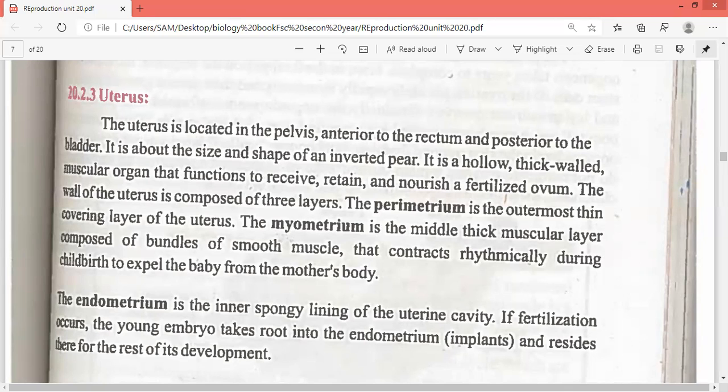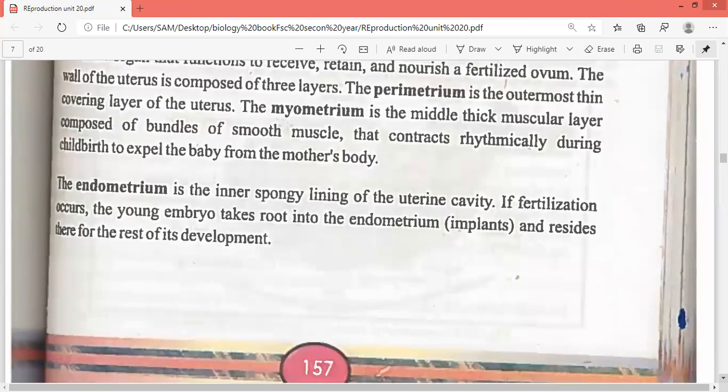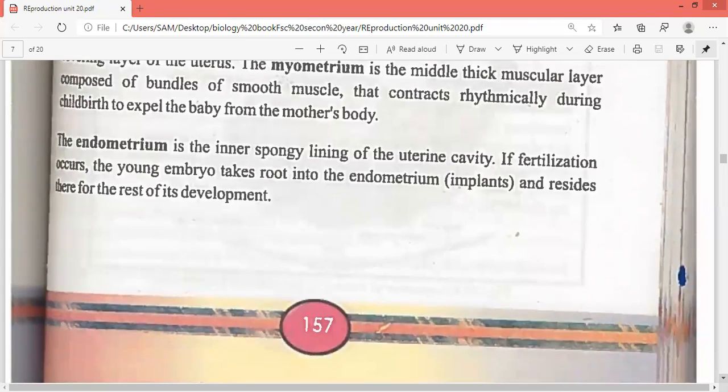So nature has provided the myometrium as this kind of muscle. The endometrium is the inner spongy lining of the uterine cavity. If fertilization occurs, the young embryo takes root in the endometrium.